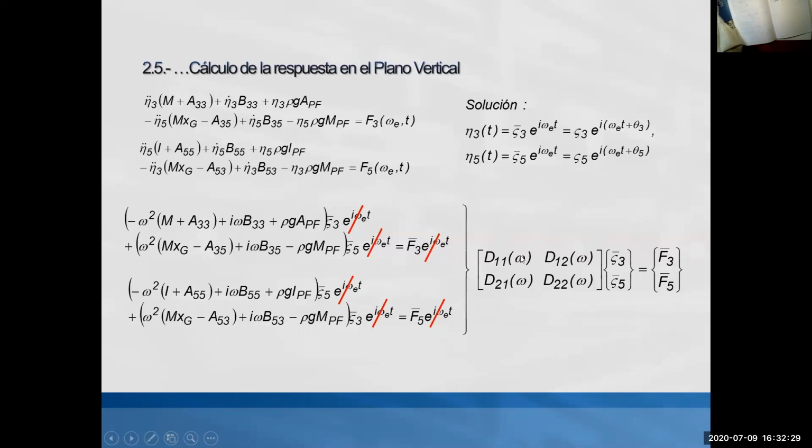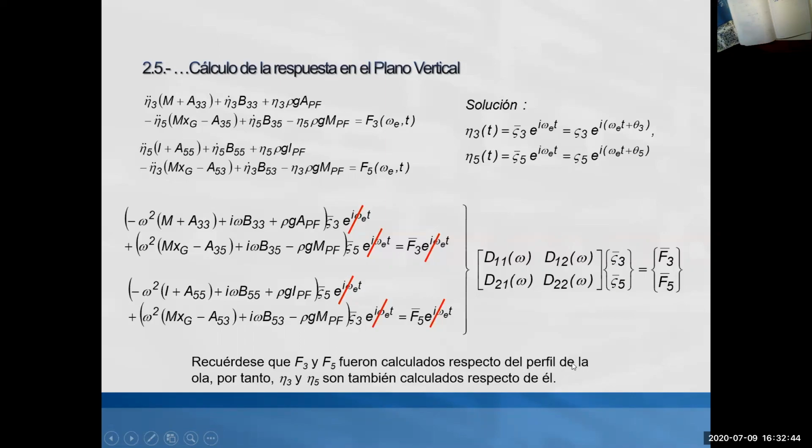So you have to evaluate them very carefully because this and this is real, and this is imaginary. But after you have this, you can solve for zeta 3 and zeta 5. These are the amplitudes. Okay? So you can go up to here. And then I can try to explain how we can draw this profile that I was mentioning.